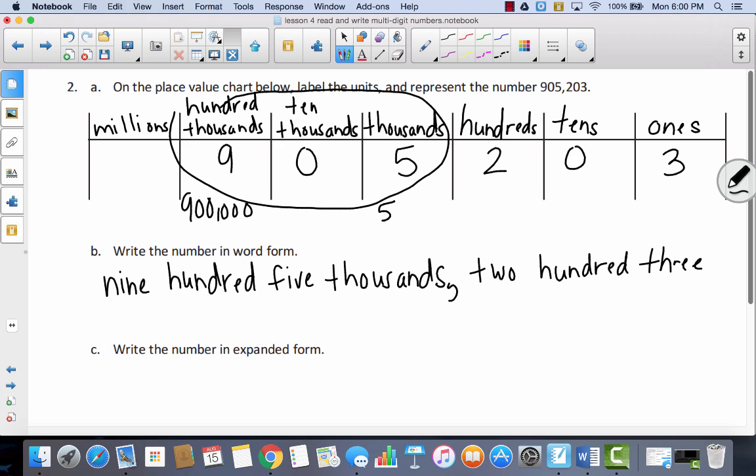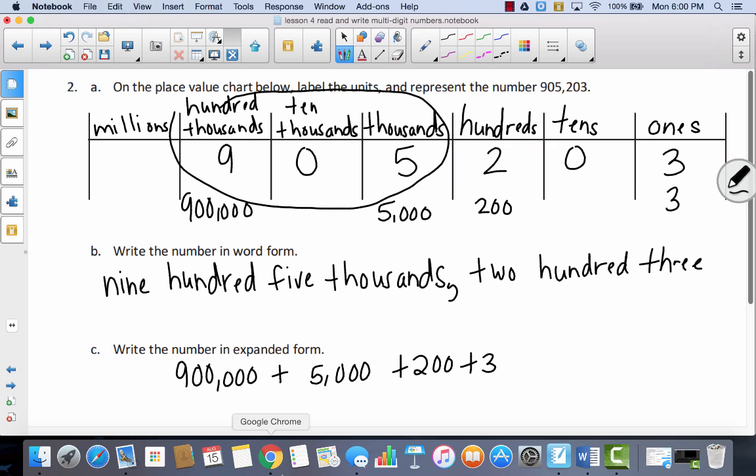This has a value of 5,203. So now all I have to do is put all of these together for my expanded form. 900,000 plus 5,000 plus 200 plus 3. Okay?